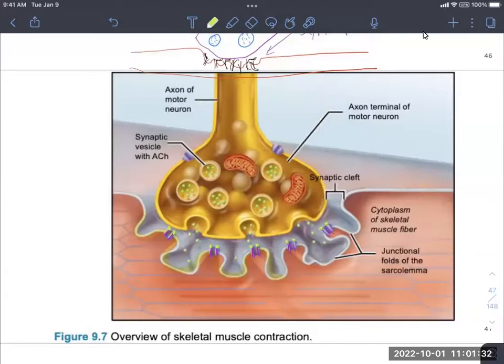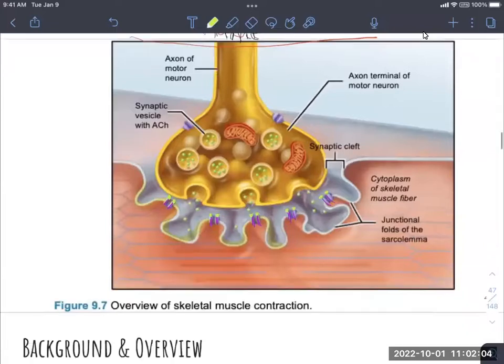The whole opening between the neuron in yellow and the muscle fiber in red is that synaptic cleft. The end of the neuron is called the axon terminal. And in yellow, you see all those synaptic vesicles with the green acetylcholine in them. This all plays a part in muscle contraction.